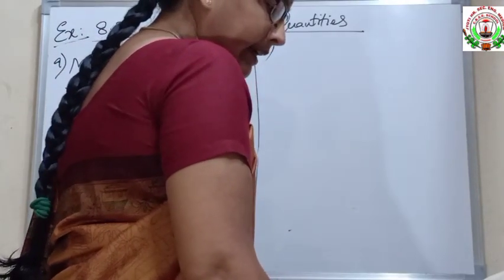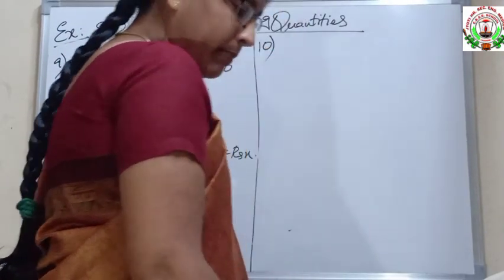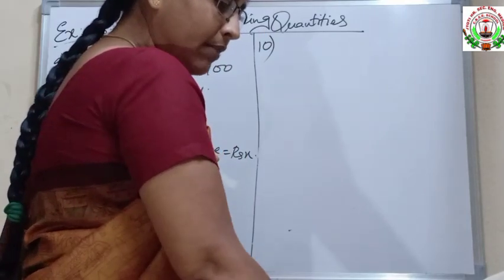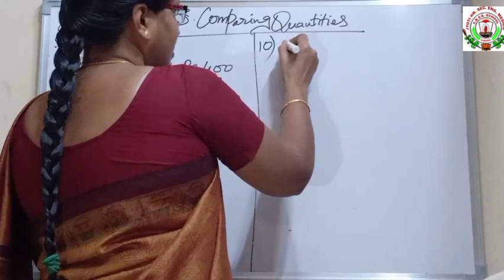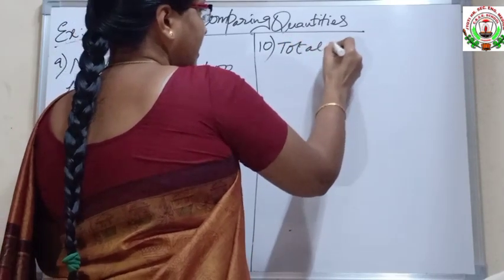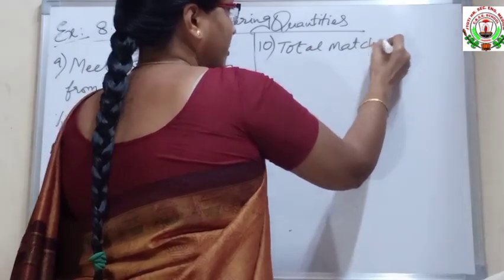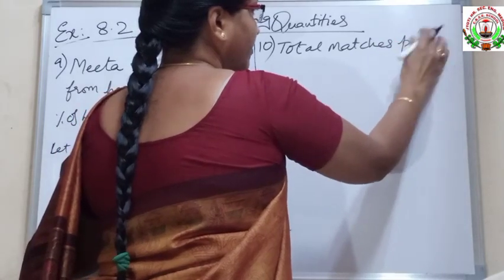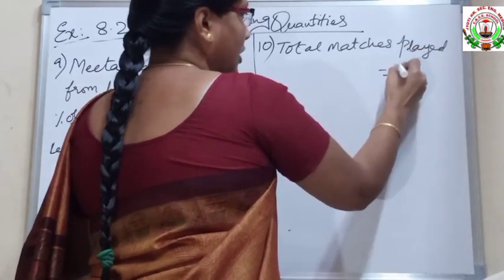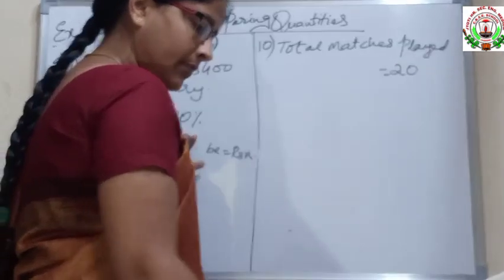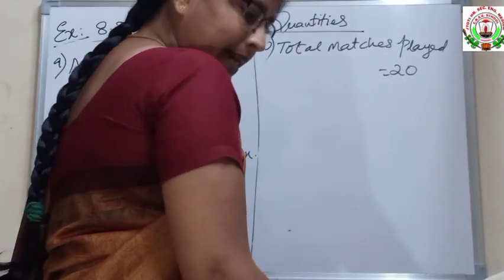A local cricket team played 20 matches in one season. So let us write, total matches played is equal to 20 in one season.